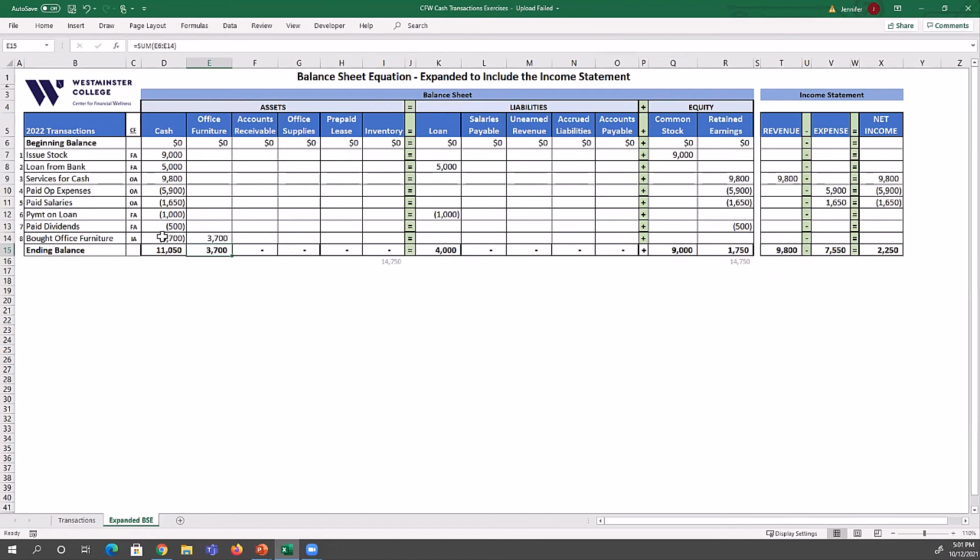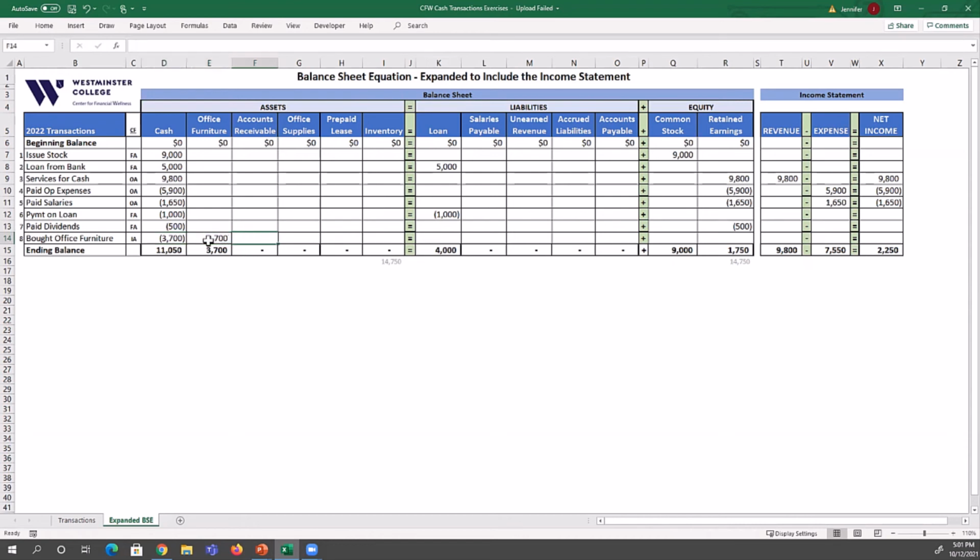It's kind of unusual on this one because the net of those two accounts being impacted is 0. So total assets has been impacted 0 and total claims has been impacted by 0. So we're done. 0 equals 0. There is no income statement impact because this is not an operational wealth generating or wealth consuming activity.